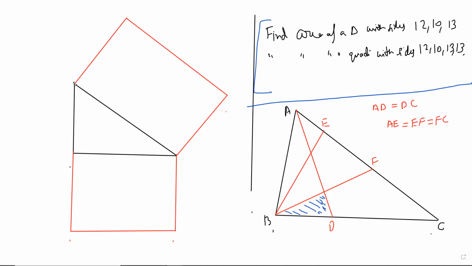So you know what to prove. The sum of the areas of these two squares is the area of the square on the hypotenuse, and that's the Pythagoras theorem, right? But I want you to prove this without using the Pythagoras theorem, obviously. So you know what to prove, and just write it, label it if you want, and try to prove it.